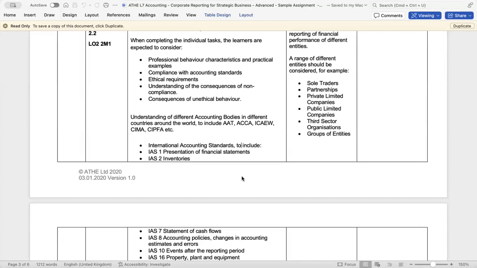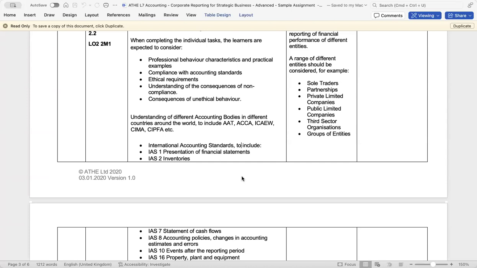The first one was integrity. The principle emphasizes honesty and straightforwardness in all professional and business relationships. Accountants must ensure that their actions and communications are transparent and free from any illegal or unethical issues.